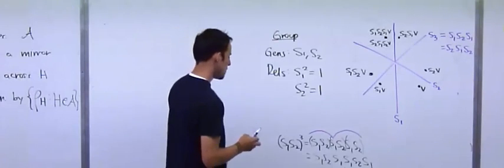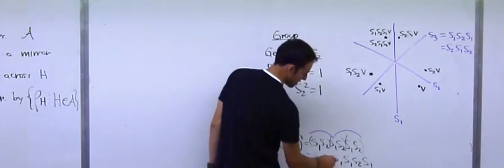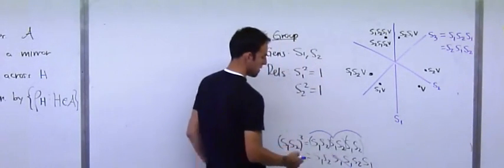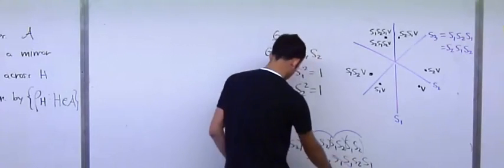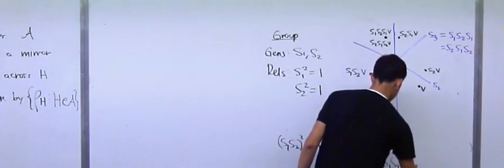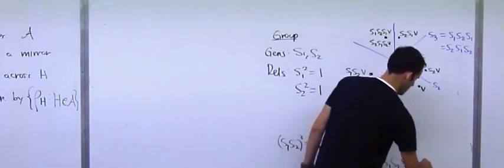So I use that equality, and I get this. And then you see S1 squared is 1, so this is not here. And then you get S1, S2, S2, S1. But S2, S2 is 1. And so you get S1, S1, which is 1.